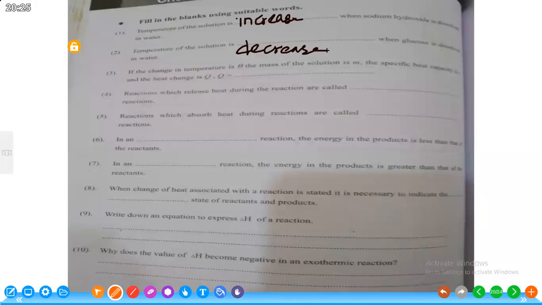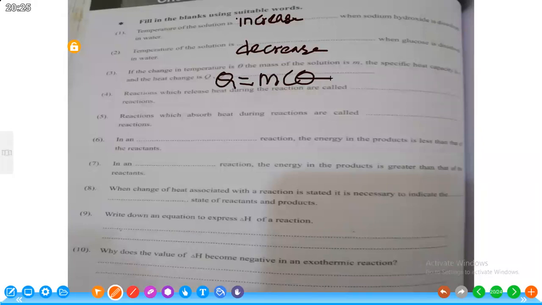If the change in temperature is theta, the mass of the solution is m, and the specific heat capacity is c, write down the equation: Q is equal to m c theta.